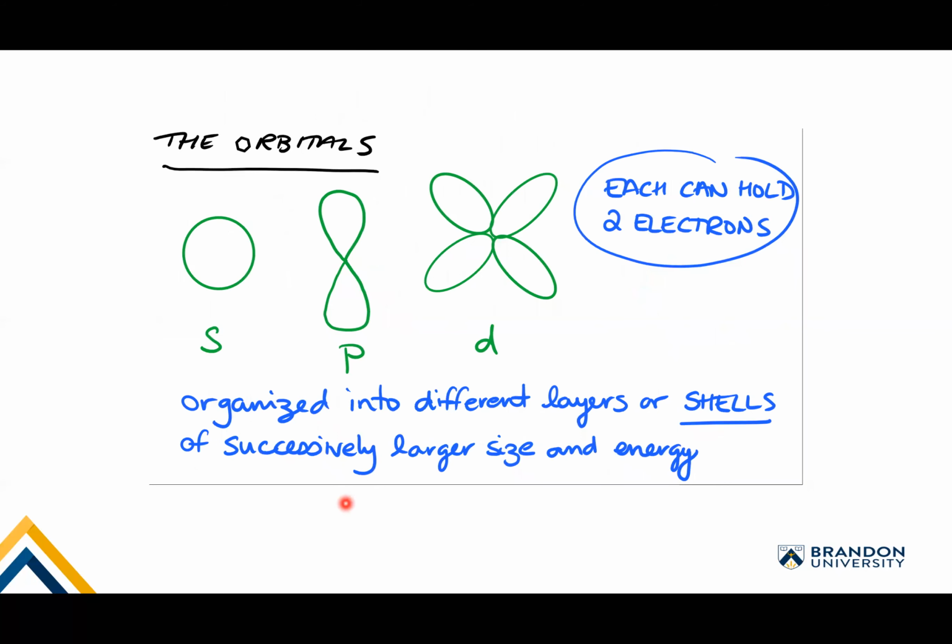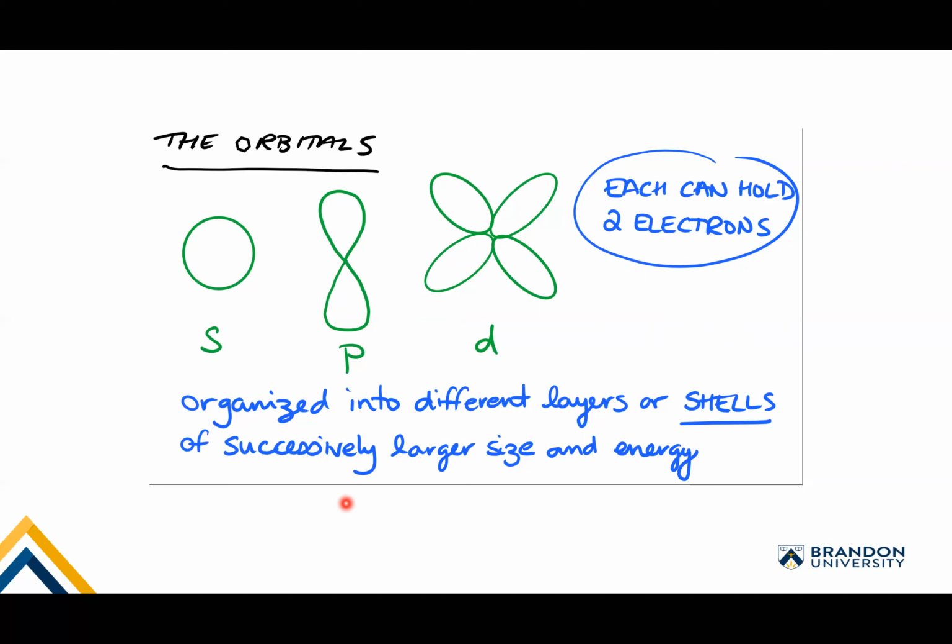So the orbitals themselves. We talked about this from quantum numbers. Remember, every electron had a unique set of 4 quantum numbers: one describing the energy level itself, one describing the shape, one describing its orientation in space, and the last describing the electron: is it spin up or is it spin down?